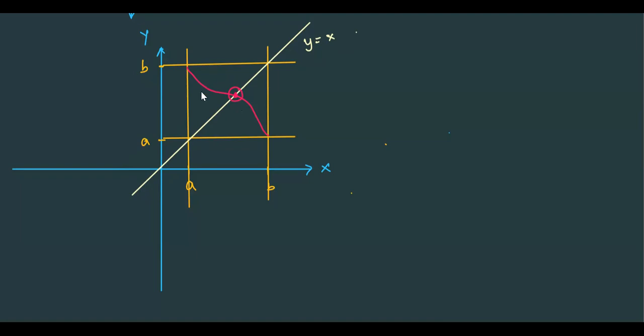So here this will be x. Because this point is on y equal to x, the x value and y value will be the same. So we get f of x is equal to x. The function value is equal to itself. Yeah, because again, it's a property of continuous functions.